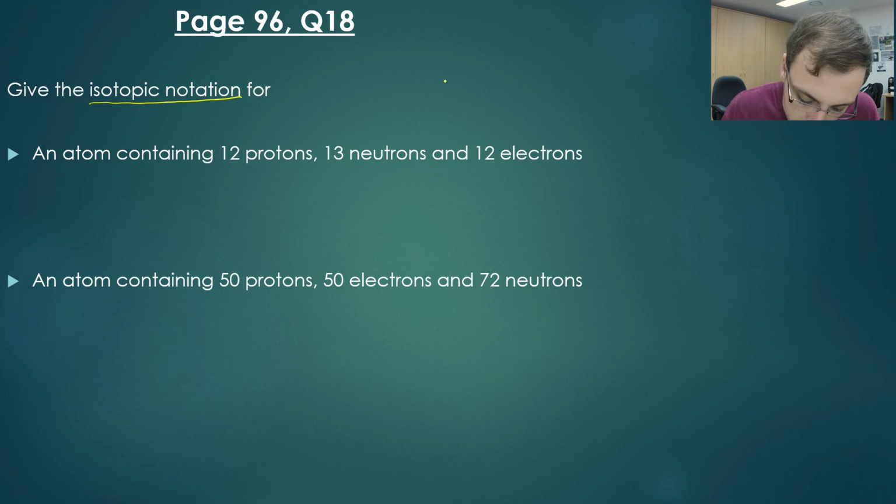So remember that we have Z, which is our element. We then have A, and we have N. So remember, A is our atomic mass, and N is our atomic number.